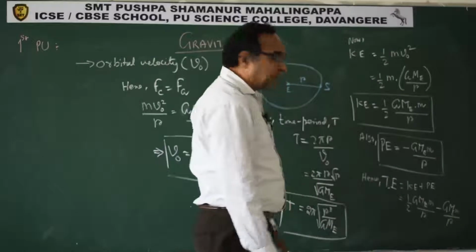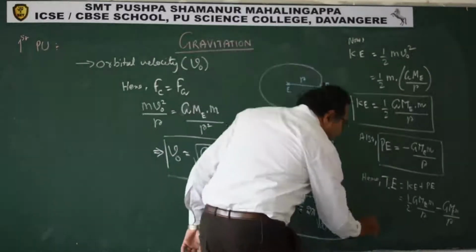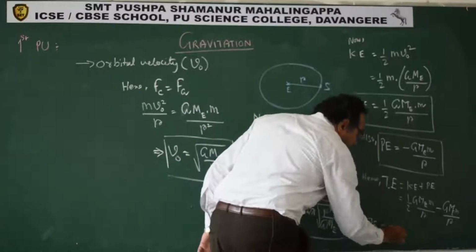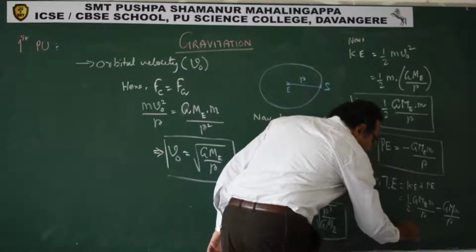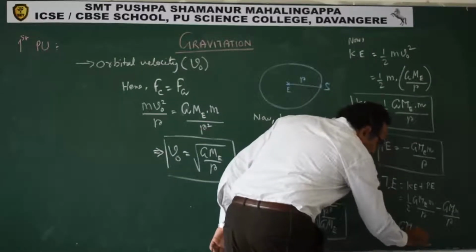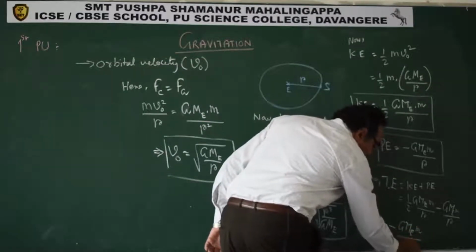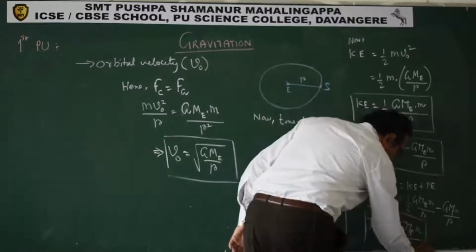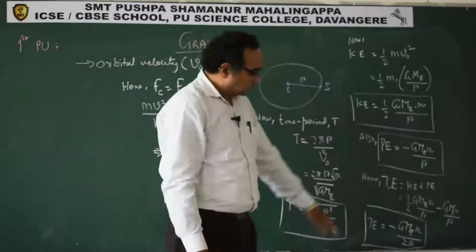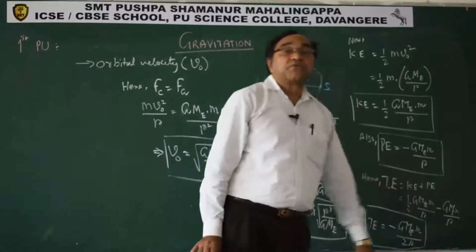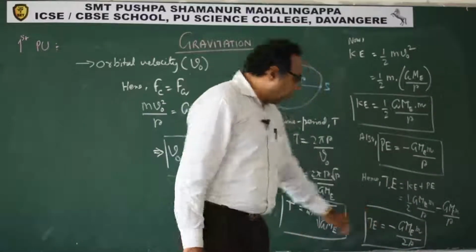This is what we have as total energy. So total energy works out as minus of GMm by 2r. See, half minus 1 is minus half. So this is what we get.